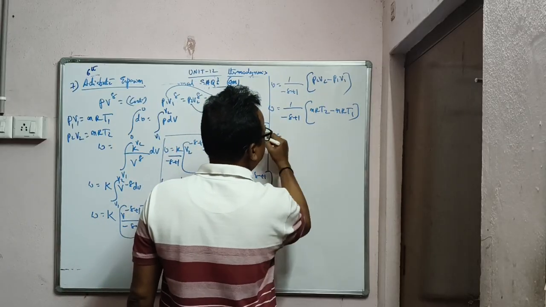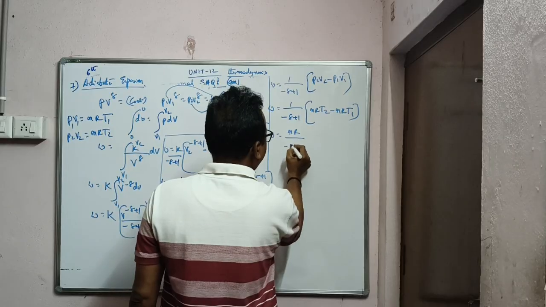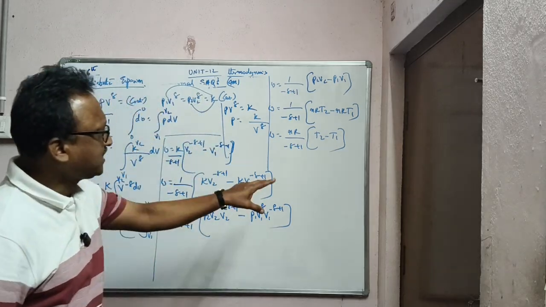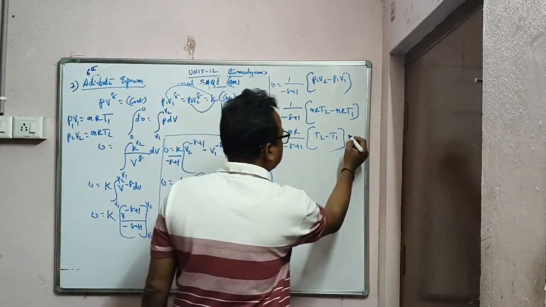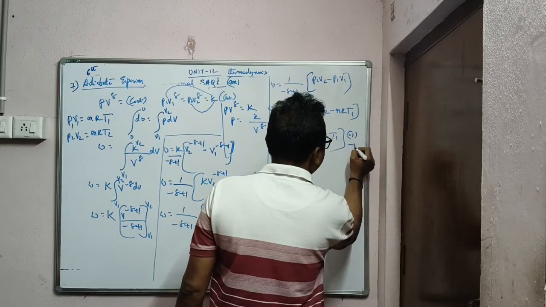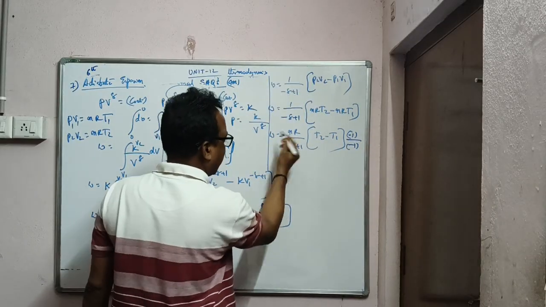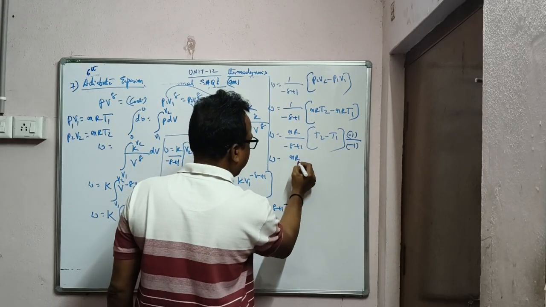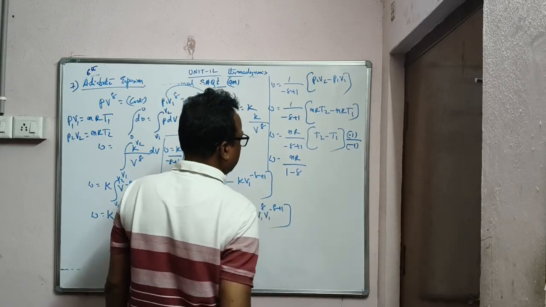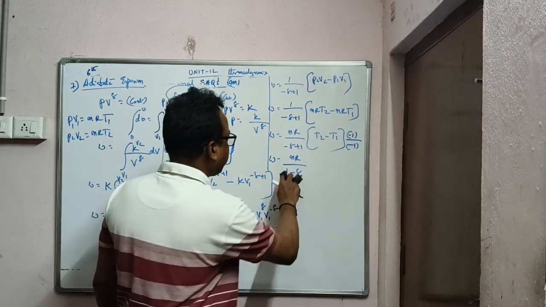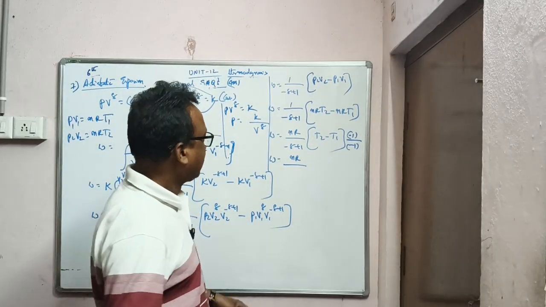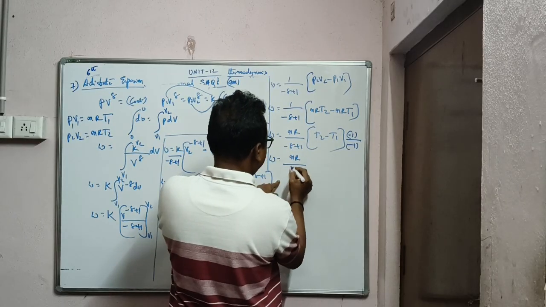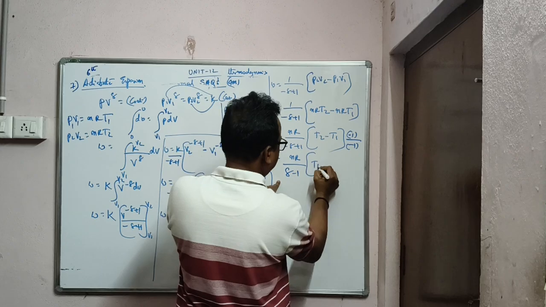Therefore take nR outside, over minus gamma plus 1 into T2 minus T1. Now I'll multiply and divide by minus 1 to exchange the values, to get the proper formula. When we multiply, the numerator becomes nR into T1 minus T2, and the denominator becomes gamma minus 1. That is, work done equals nR by gamma minus 1 into T1 minus T2.